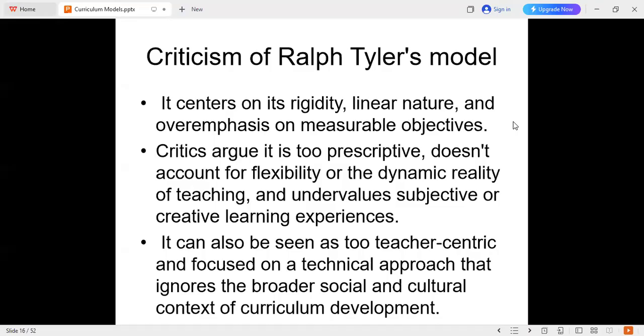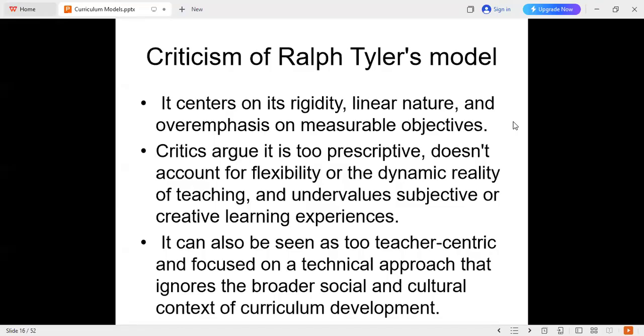He said its rigidity, linear nature. That means, as you can understand, it is not a circle model. There is no follow up after the examination and student assessment: based on the student assessment, what is next? He forgot to mention, if the students fail to achieve the objective, what is the next step?